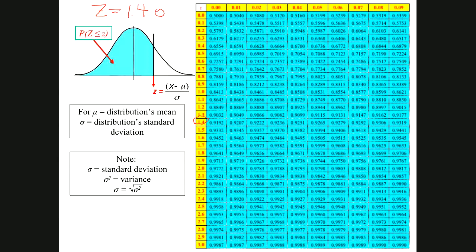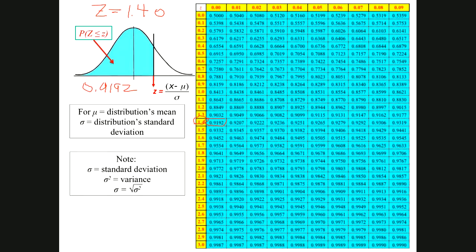So the value that corresponds to everything to the left, in this particular example, for positive 1.40 is 0.9192. But we know that's everything over here.